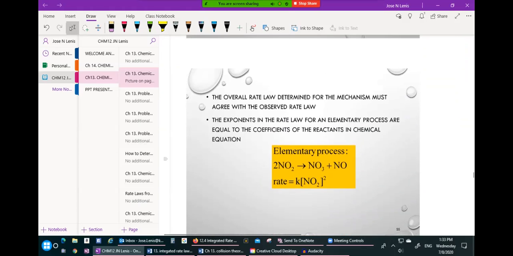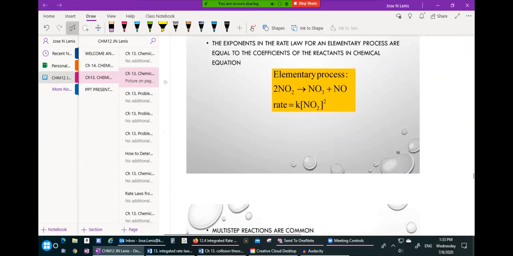Here we have an example of one elementary step. From this elementary step, we can write the rate law for that elementary step. Here is the new thing, and also good news for you.